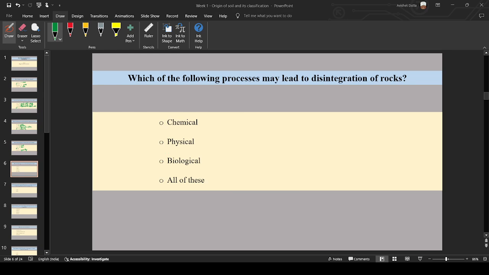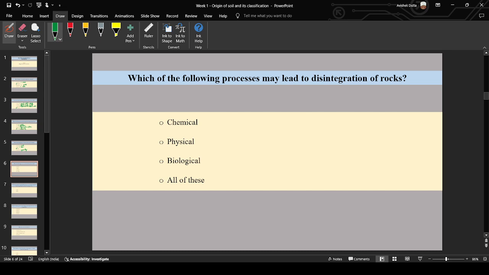Which of the following processes may lead to disintegration of rocks? Now, disintegration of rocks is the first process that initiates the formation of soil. So it is the rock, the parent material, on which weathering happens, erosion happens, and then finer particles, that is soil, are formed.